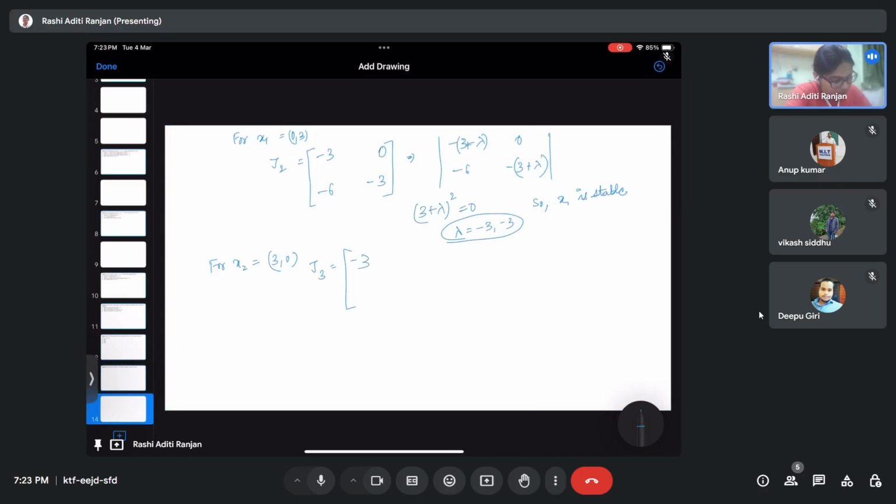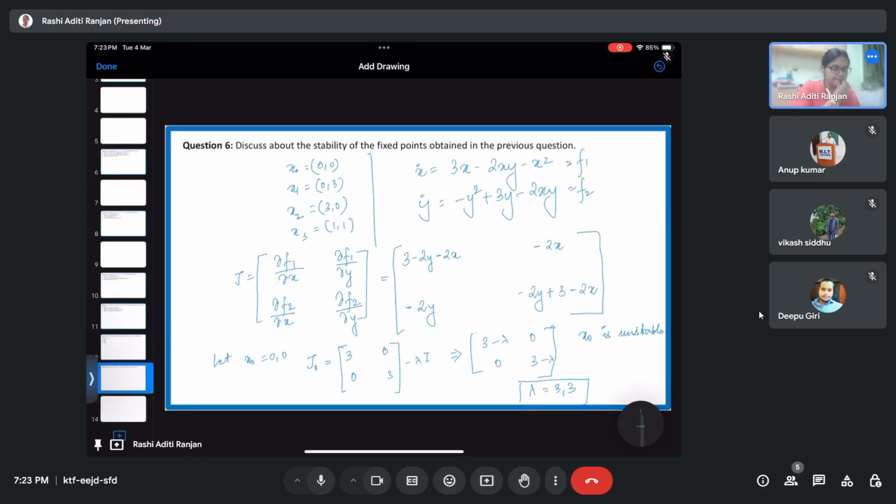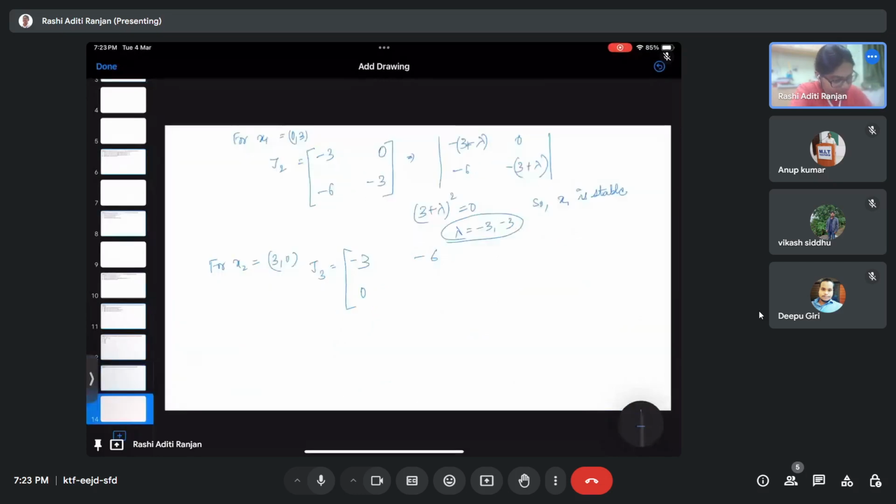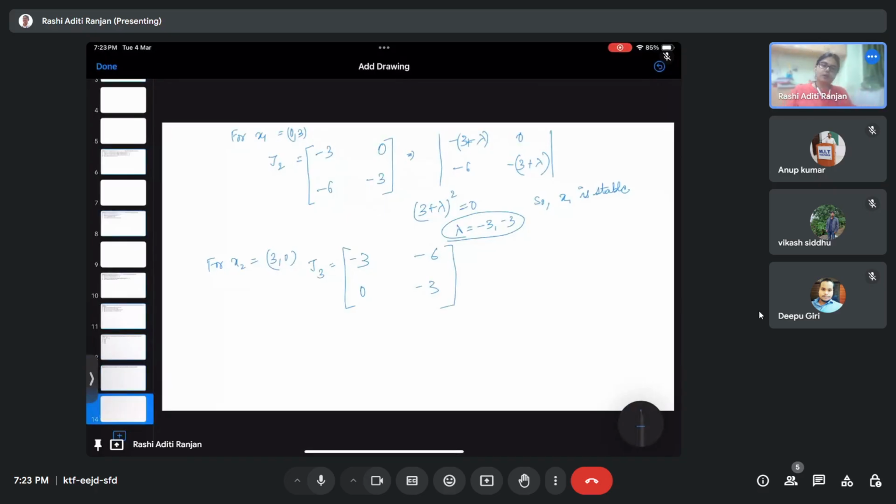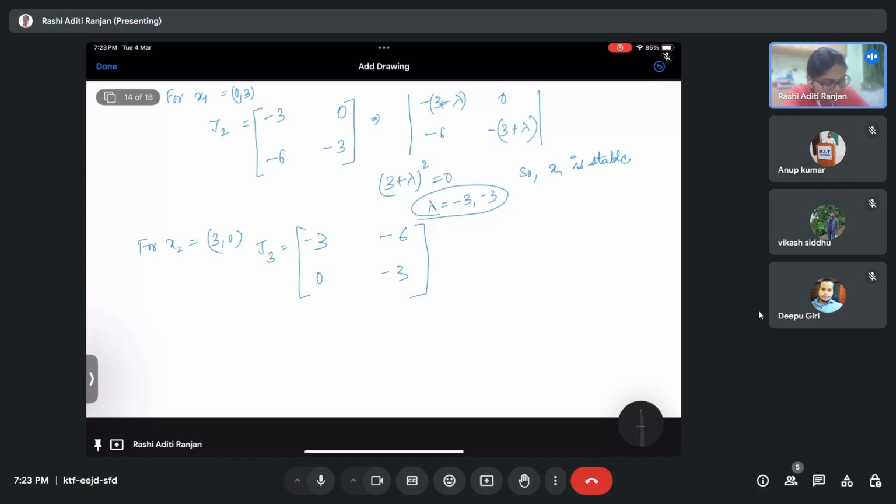This is going to be minus 6 minus 2x, then we'll have 0, and then 3 minus 6, which will be minus 3. Again, if I compute the determinant, we'll have minus lambda, 3 plus lambda square equals 0.